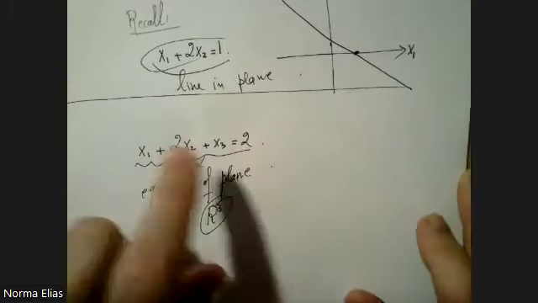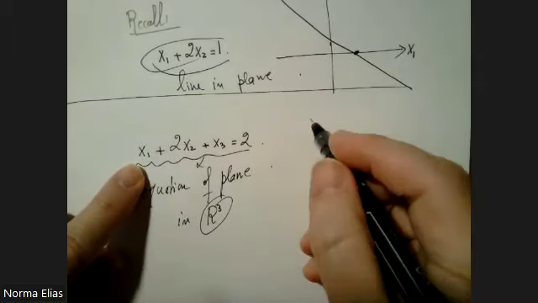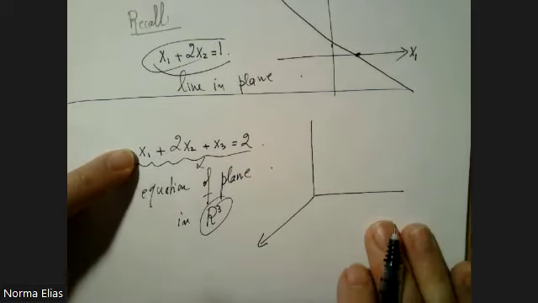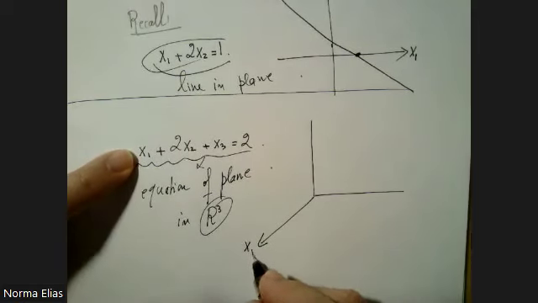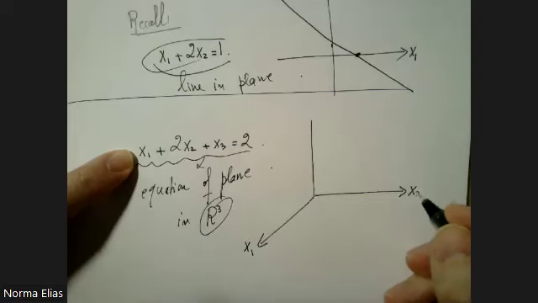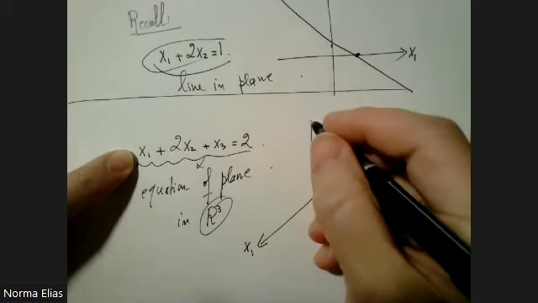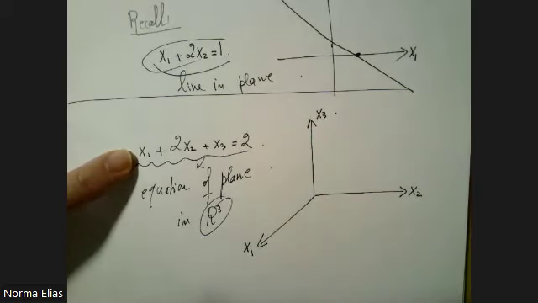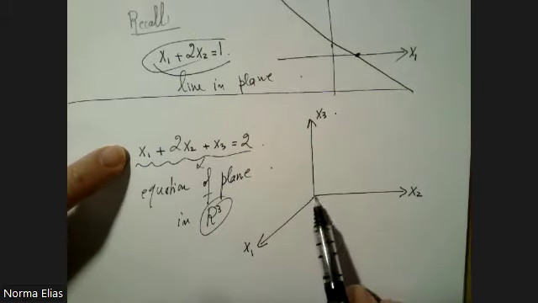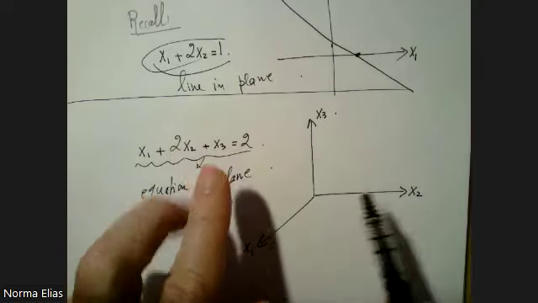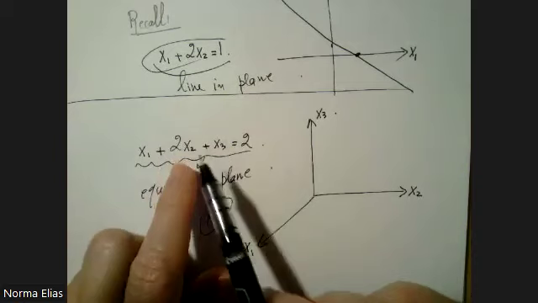Every solution of this equation is going to be a point on the plane. We will call this x1, which is the x-axis. The y-axis, we call it x2. And the z-axis, we call it x3. Every solution is a point on the following plane. So let's see how we can sketch the plane. I need 3 points to sketch a plane.